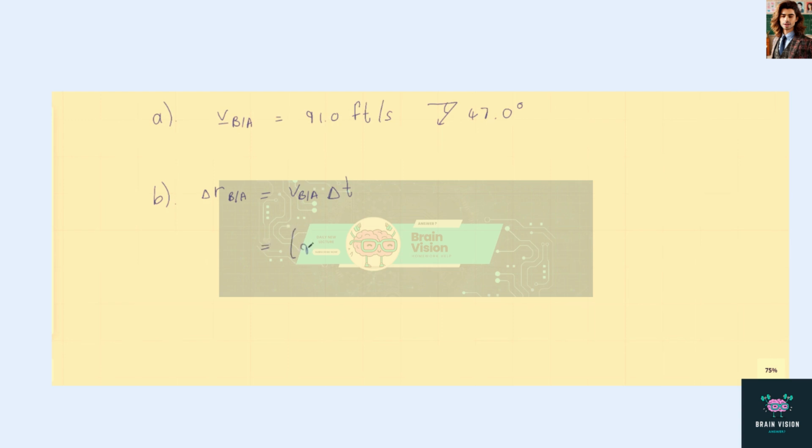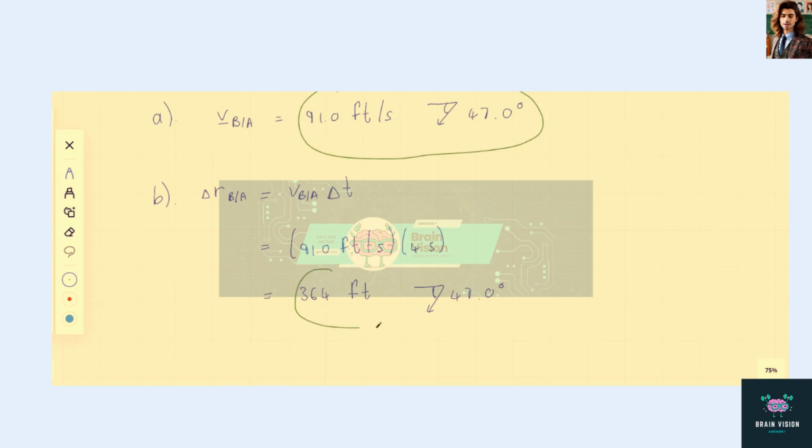So this is 91 feet per second times a time of 4 seconds. And so the change in position is 364 feet at the same angle of 47 degrees below the negative x-axis. And so we have the solution for parts A and B.